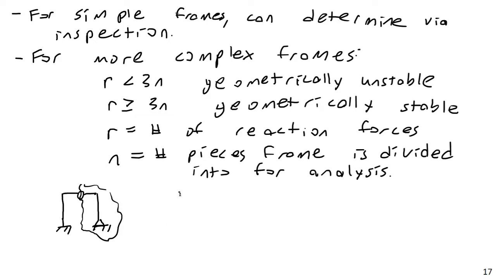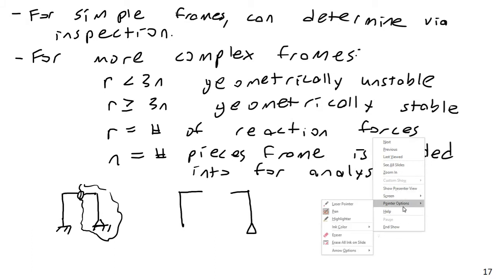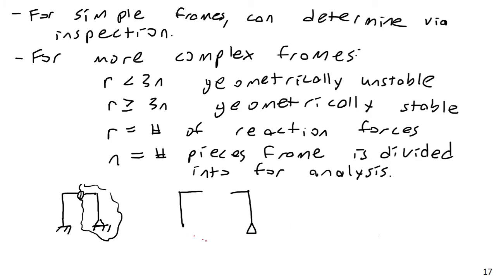So in order to determine stability and determinacy, I would analyze it as this piece here and this piece here. And let's say my reactions, well, let's go ahead and draw them out. X, Y, and a moment. X, Y, and a moment.